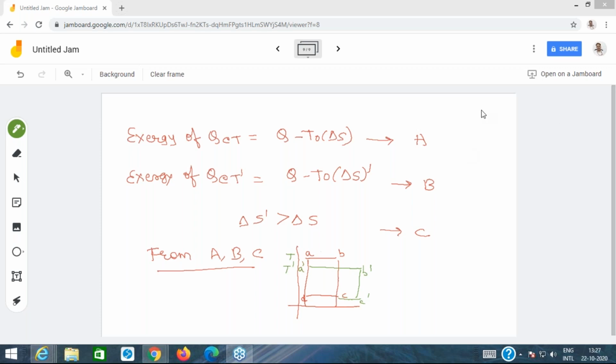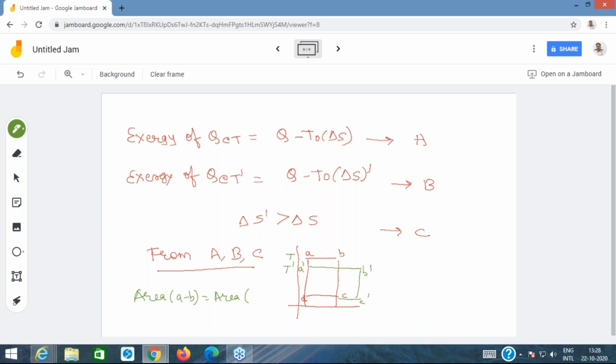So it is not available energy. Area under A dash B dash is not available energy for sure. It is the heat transfer. So we need to draw actually. It has to be drawn in a manner such that it is geometrically correct.